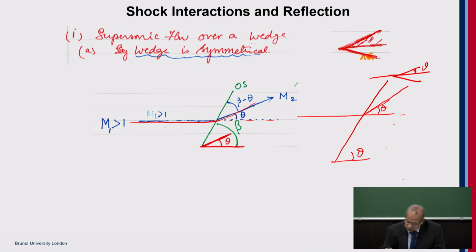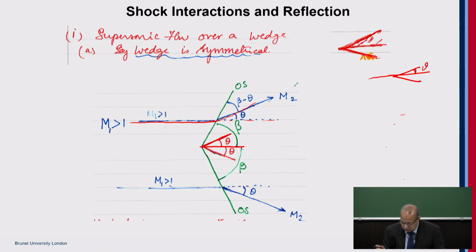Okay, so that is what we see here. Now you can see that when you have a full wedge, there will be a shock of one family, and this is of the opposite family. But the principle is the same. So when a flow encounters a concave surface, there will be an oblique shock. This is the oblique shock of one family, and this is the oblique shock of the opposite family.